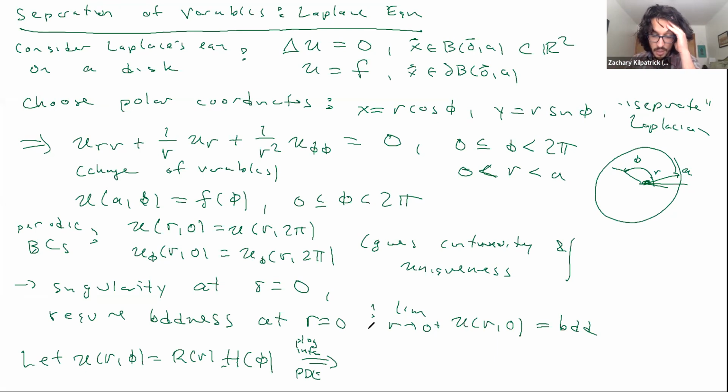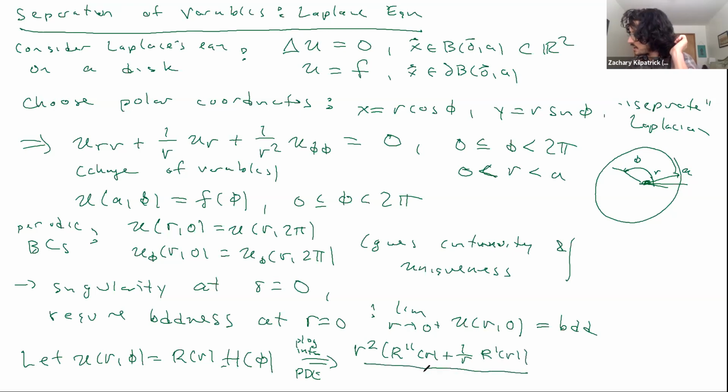If I multiply through by r squared, I get r squared R prime prime of r plus r R prime of r, divided by R of r, plus h prime prime of phi divided by h of phi, is equal to 0. So I did the usual thing: I plug in and then I divide by R and h.